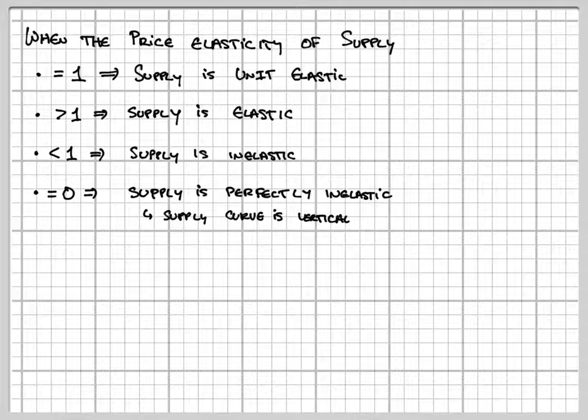The other extreme is where the price elasticity of supply equals infinity. And supply is perfectly elastic. So that's where suppliers are only willing to supply at a certain price and nothing more and nothing less.